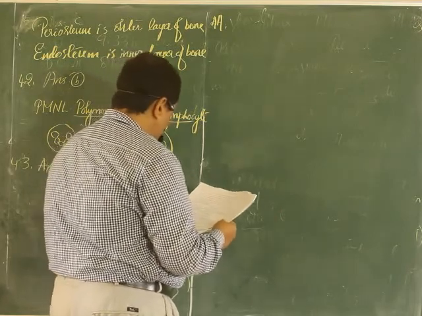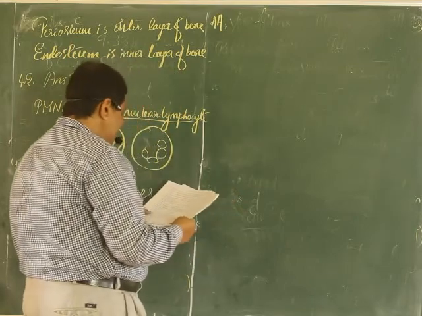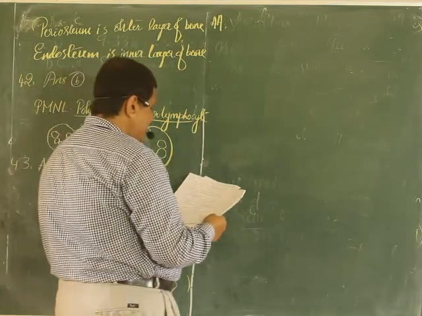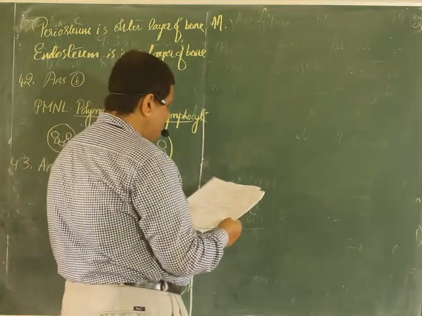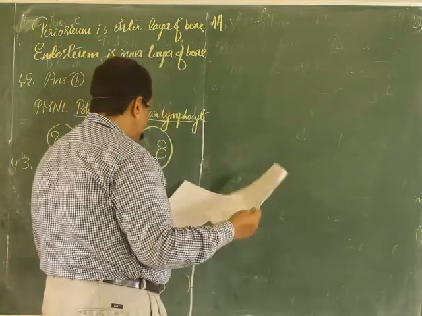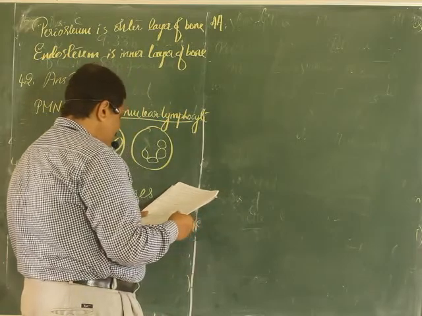Option A, 4th, 6th, 7th segment. Option B, 6, 7, 8, 9 segments. Option C, 4, 5, 6, 7 segments. Option D, 10, 11, 12, 13 segments. So the answer for this is option B.